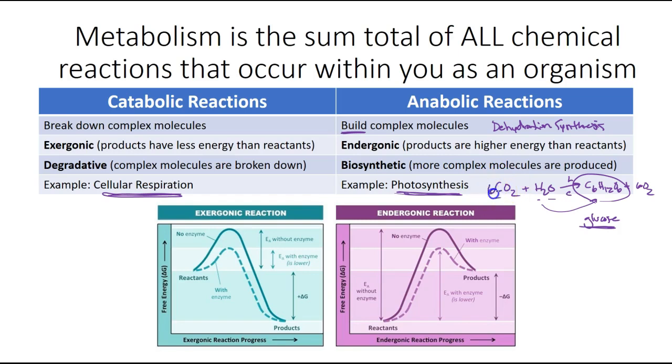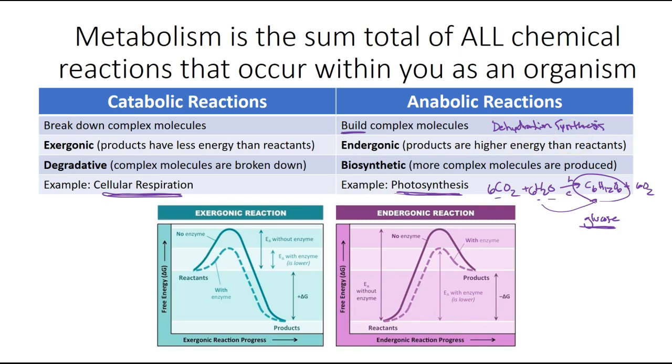I should finish this out by saying 6 CO2 and 6 H2O come together to produce 1 glucose and 6 oxygen molecules. Glucose molecules are produced using this anabolic process. Carbohydrates like polysaccharides, and proteins and lipids and all of these types of organic molecules, are produced by this anabolic process known as dehydration synthesis.